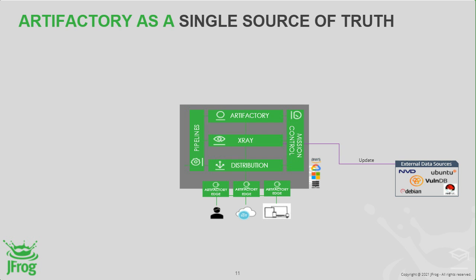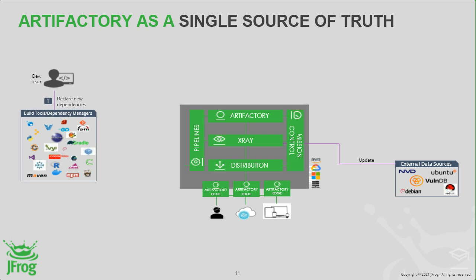Okay, I want to go over a classic software development lifecycle flow and show you where Artifactory comes into play as a single source of truth. So usually what happens, there is a developer and they are declaring new dependencies. If they're writing a JavaScript application, for example, they're declaring dependencies in the package.json.